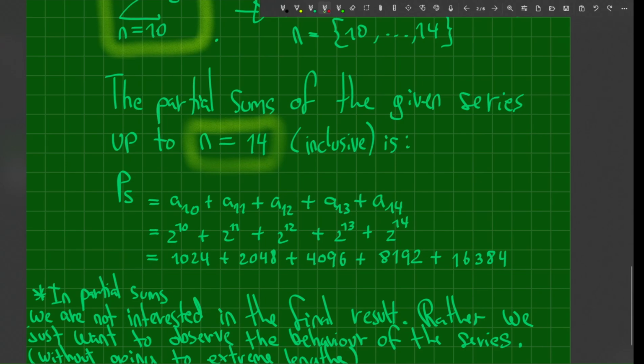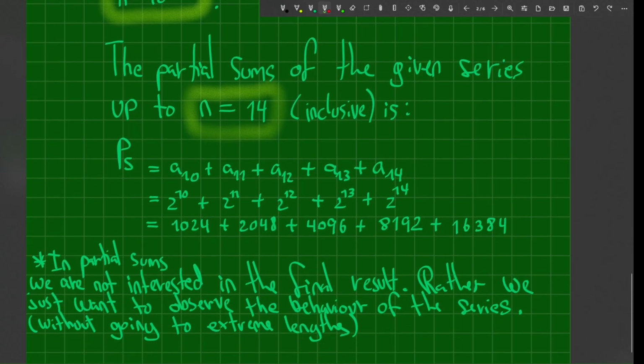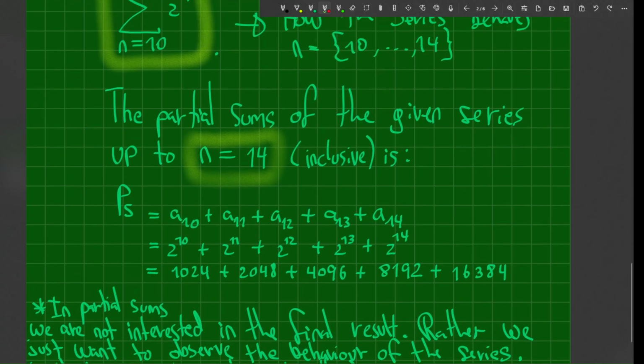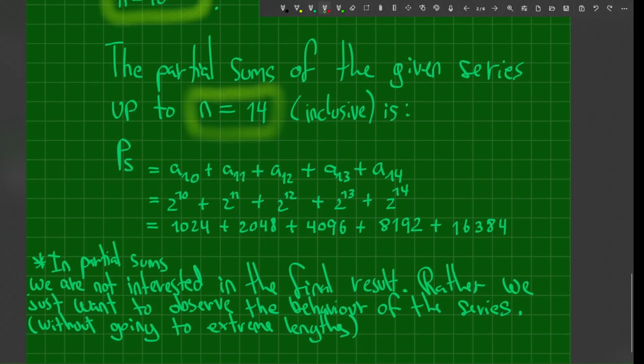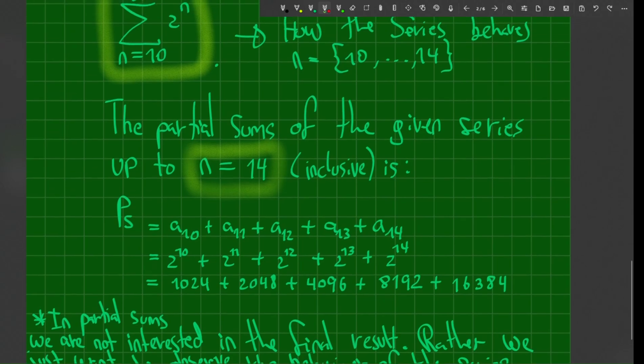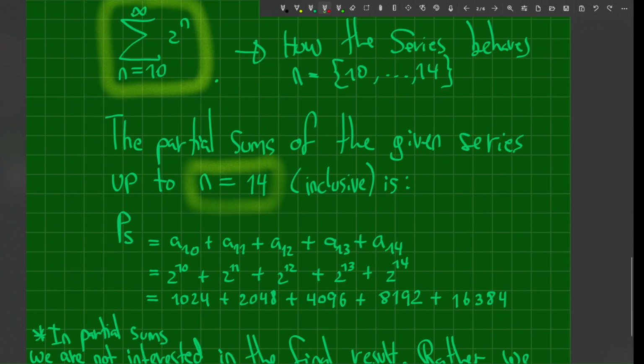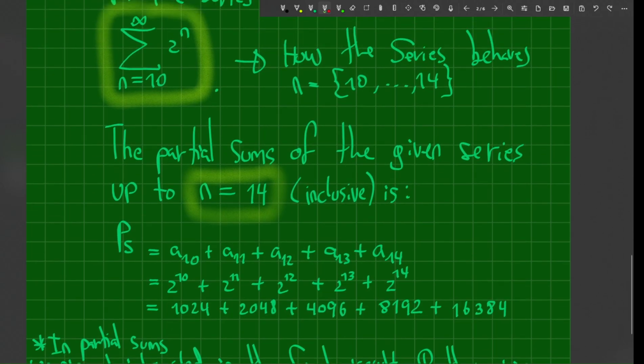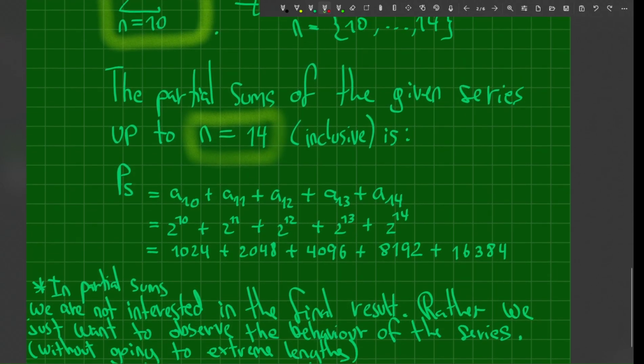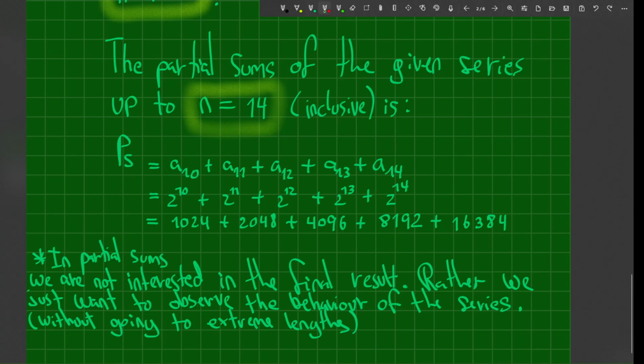Okay, so the idea of doing this is to draw some conclusions. Could we perhaps, for example, just from these numbers, this sum, deduce the series itself? So reverse engineering the series.